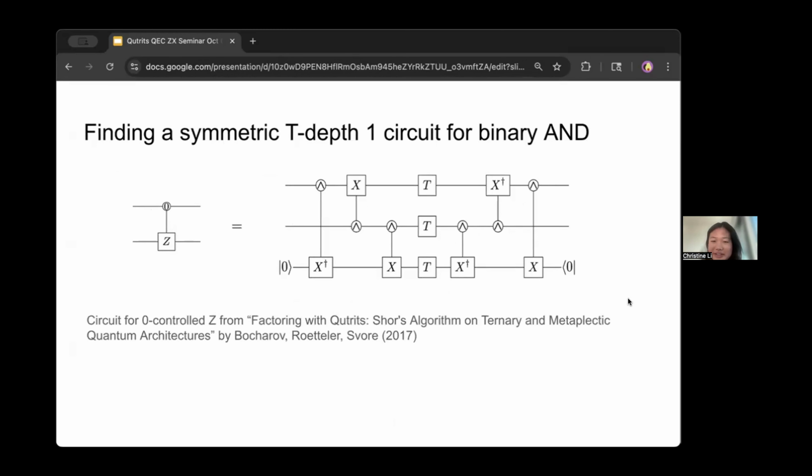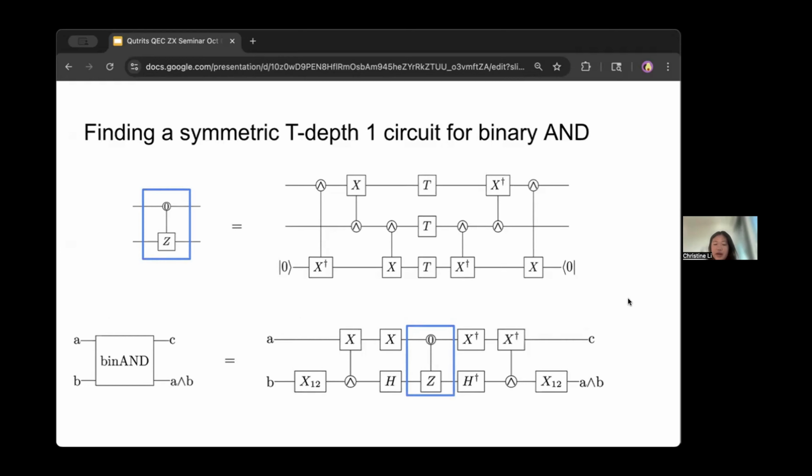A key ingredient in this symmetric circuit I'll present first is this ket zero controlled Z gate, and there's a symmetric circuit implementation already from a Microsoft paper from a few years ago.